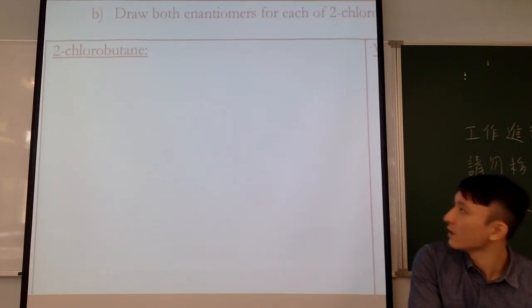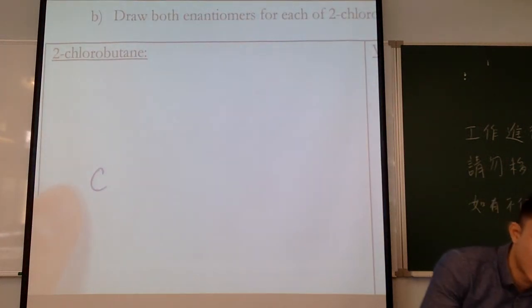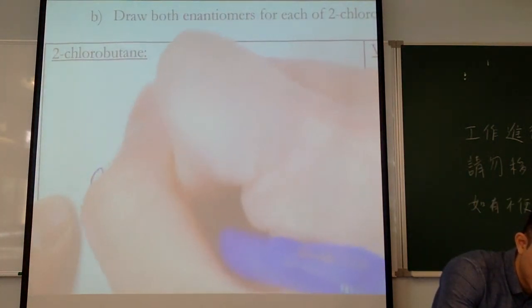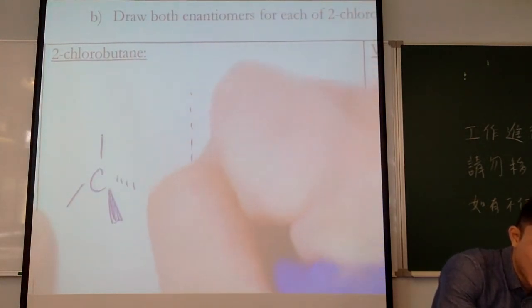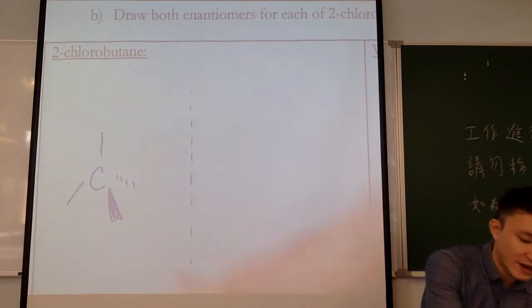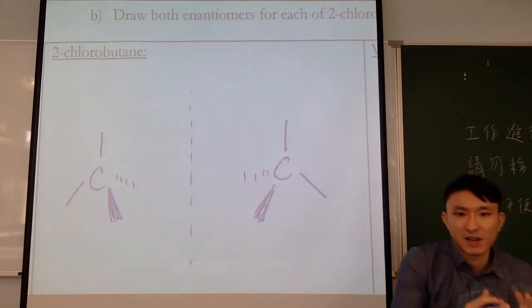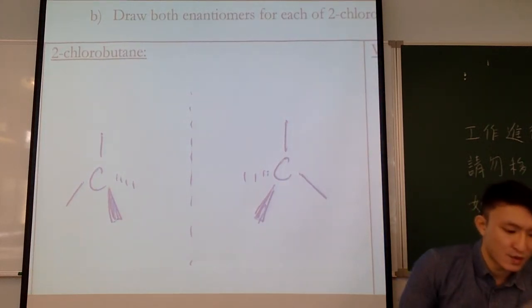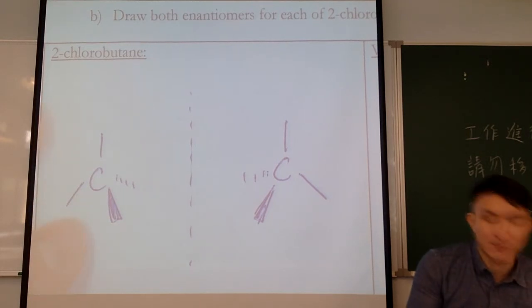Okay. So for 2-chlorobutane, we first draw the carbon here, the chiral center, and we can first draw out the tetrahedral framework. Similar idea for the mirror image, and then we plug in the things. So we have hydrogen. It doesn't matter where you put it.